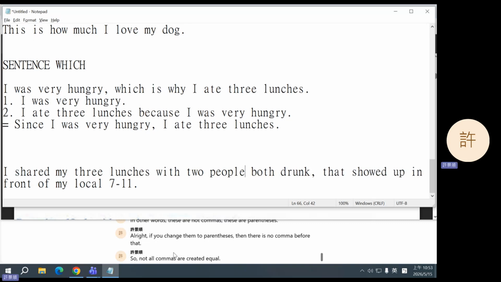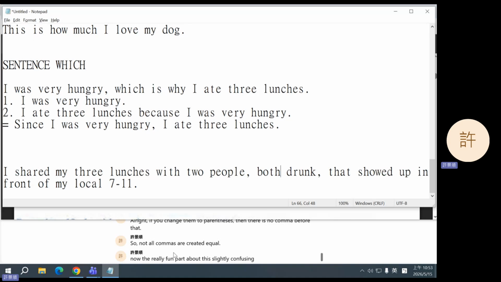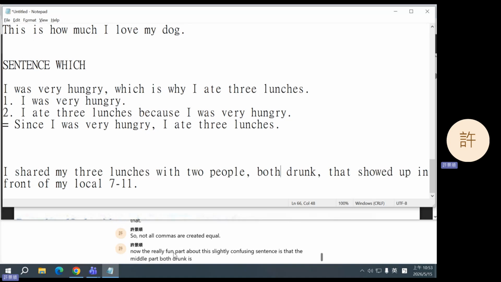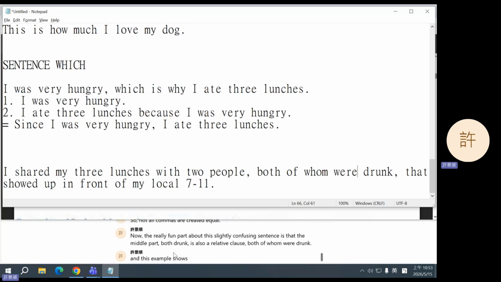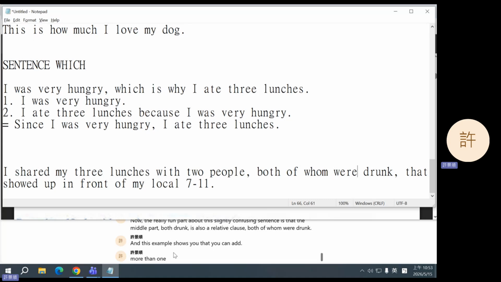Now, the really fun part about this slightly confusing sentence is that the middle part, both drunk, is also a relative clause, both of whom were drunk. And this example shows you that you can add more than one relative clause to a sentence.